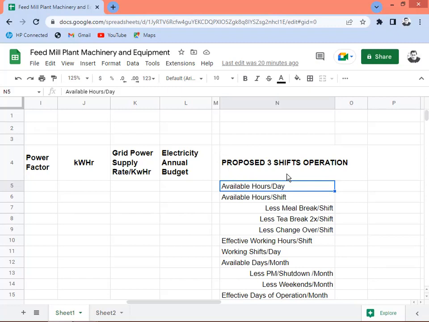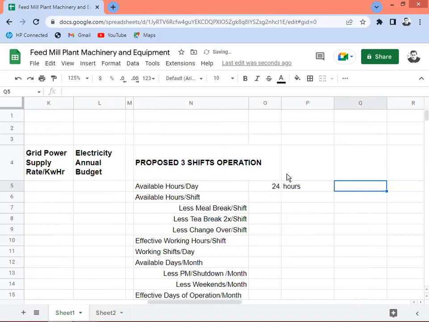So available hours per day would be how many hours per day? That would be 24 hours. I'm going to include here hours. Then available hours per shift. That would be 8 hours.